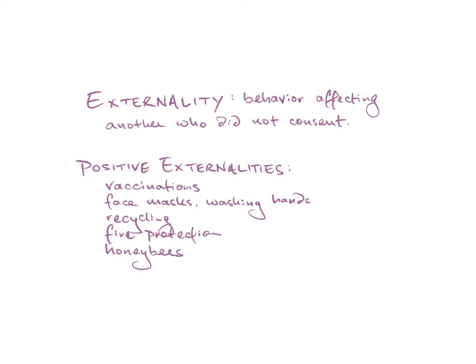They pollinate other crops, right? So if you're a farmer living next to a beekeeper, that provides a benefit to you. Now, it's a positive externality. It's not something the beekeeper gets. It's something that sort of inadvertently or indirectly impacts someone else.